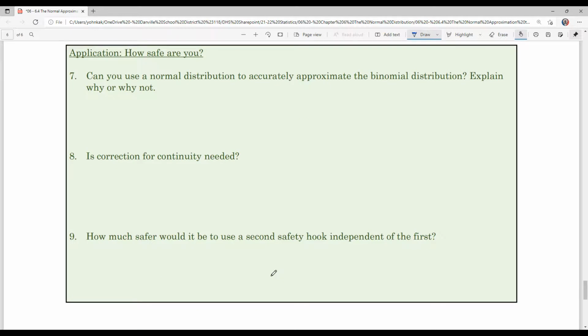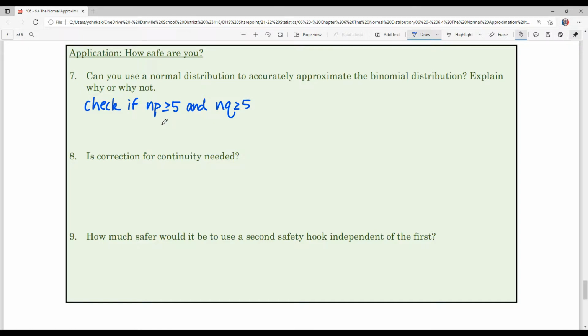Okay, can you use a normal approximation to accurately approximate the binomial distribution? Why or why not? Well, in order to do this, we need to check to see if NP is greater than or equal to 5 and NQ is greater than or equal to 5. That was one of the conditions in order to be able to use the normal approximation.